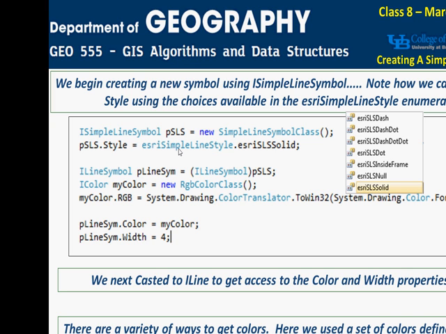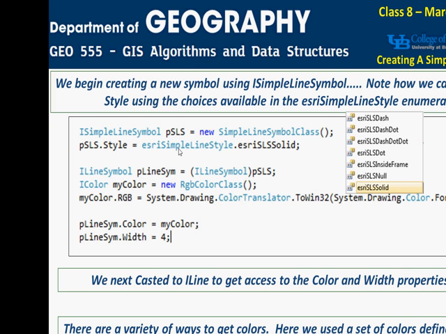So we'll define a color. RGB color classes, RGB colors are defined using red, green, blue values. But in this case, I'm going to use, and I'll demo this in just a second, there's a variety of ways to get colors. In this case, I'm going to use the Microsoft System.Drawing namespace.